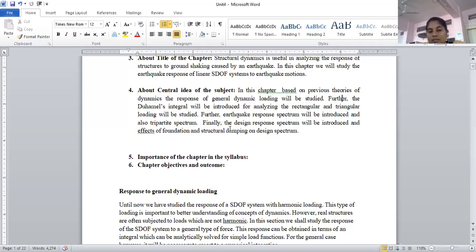Further, the earthquake response spectrum will be introduced, and also the tripartite spectrum.